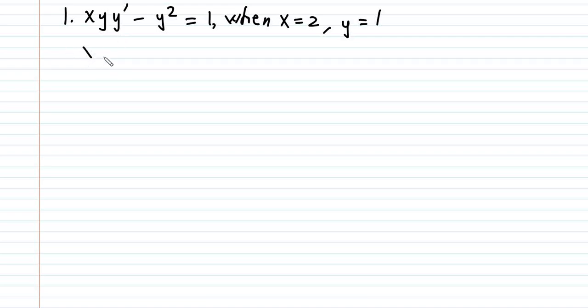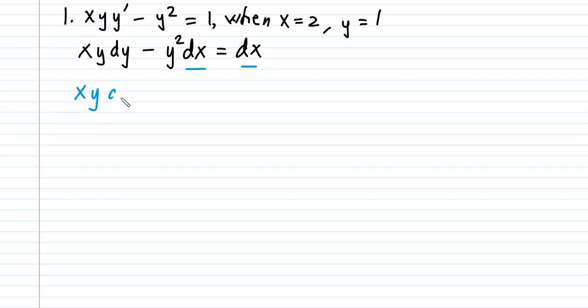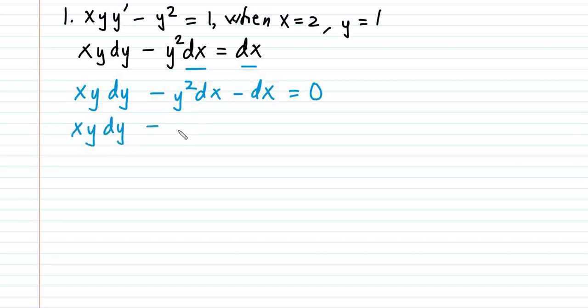So if we put it in differential form, x y dy minus y squared dx is equal to dx. Next I will group the terms with differential x: x y dy minus y squared dx minus dx is equal to 0. So x y dy minus quantity y squared plus 1 dx is equal to 0.